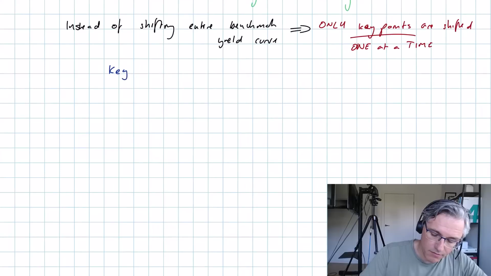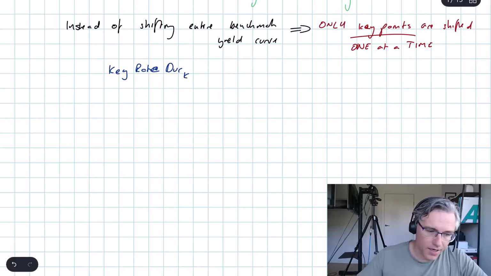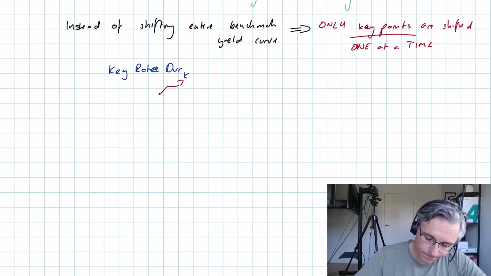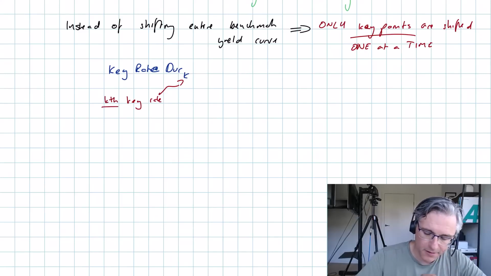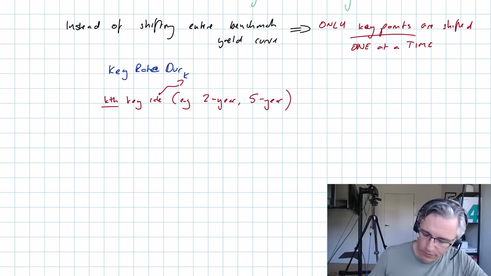So key rate duration, D_K, where K stands for the key rate, so e.g. the 2-year rate or the 5-year rate. This is how you should think about the symbol K here.